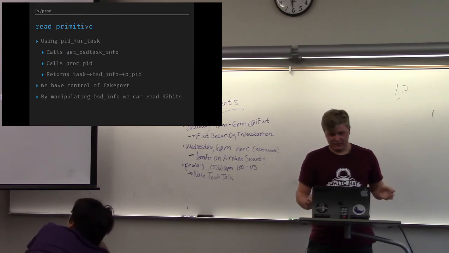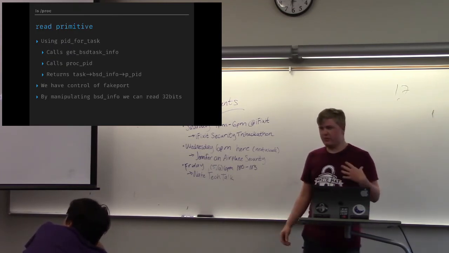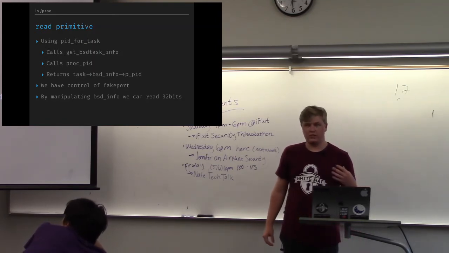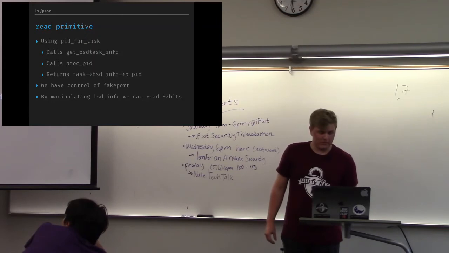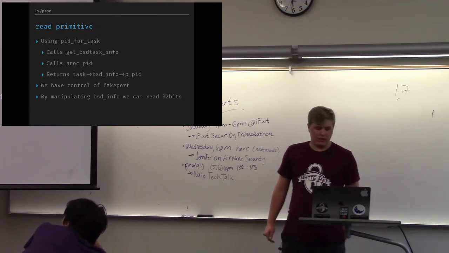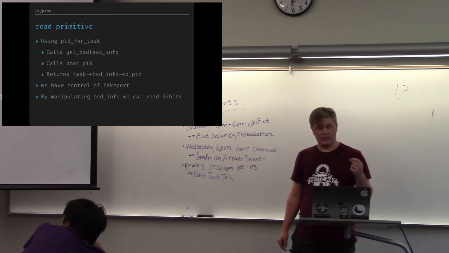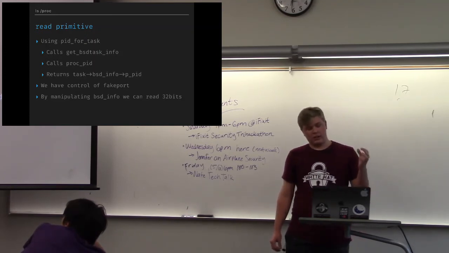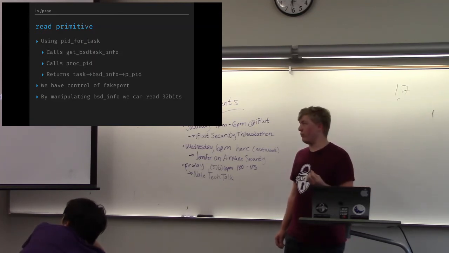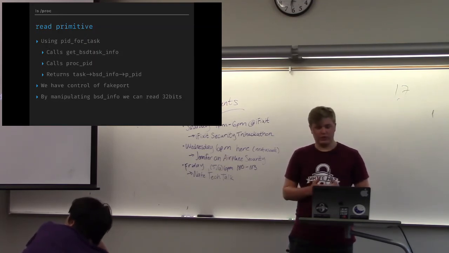Okay, so now we need to build a read primitive so that we can read from the kernel memory. So we use the function called PidForTask. It returns the process ID of a process for which you provide a task port, which is the same port that we had earlier.